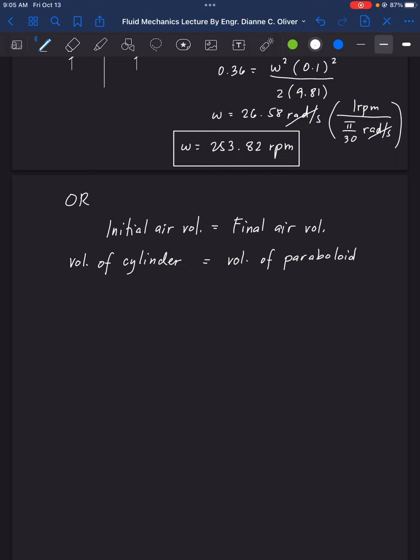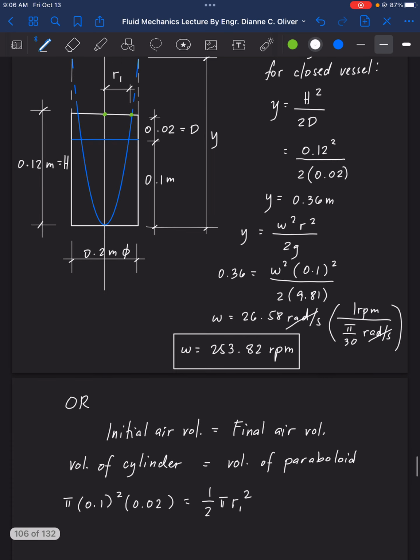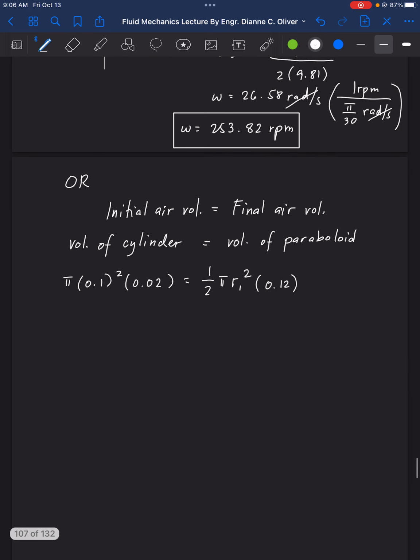For the volume of the cylinder, we have pi, the radius r squared, and then the depth of the cylinder filled with air, 0.02. Because the volume of the paraboloid is 1/2 pi r1 squared, that's the radius of the paraboloid, times the height of the container, 0.12. So we can get the value for r1.